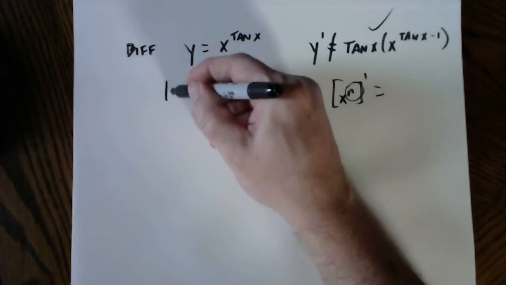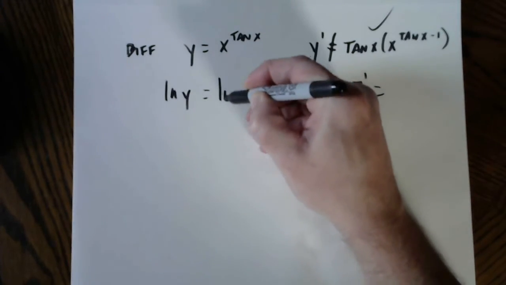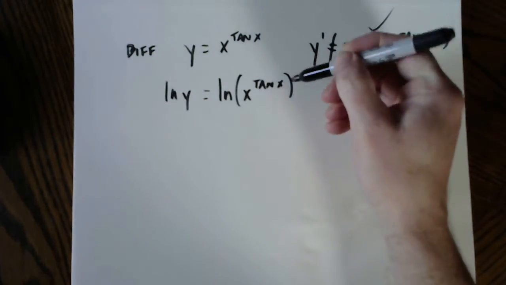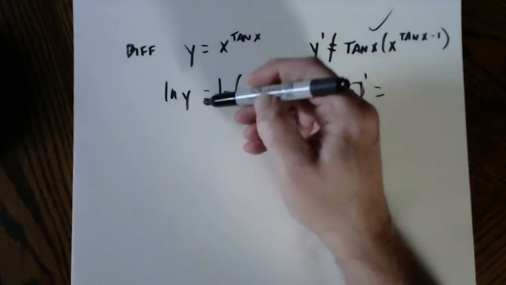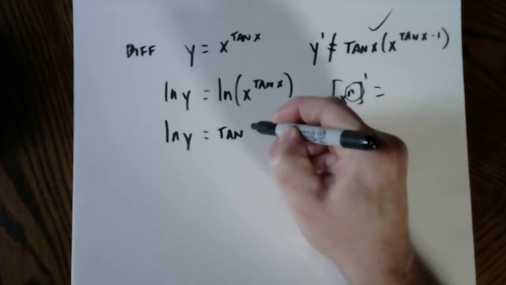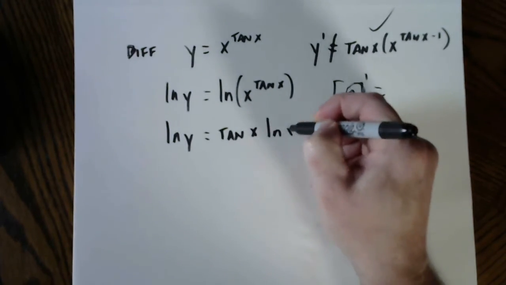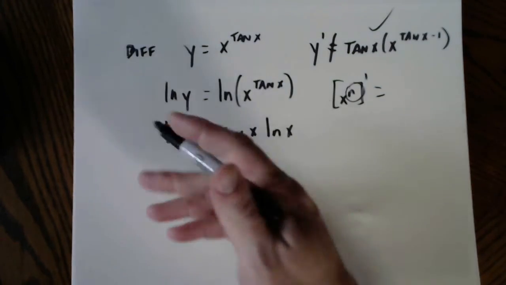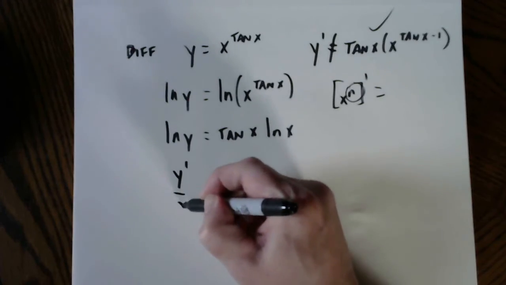All right, so if I take ln's of each side, I can use that rule. This is an exponent, I can pull it out. Okay, that looks pretty nice. So again, the left side of this is the same every time.